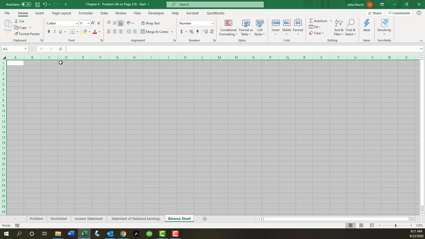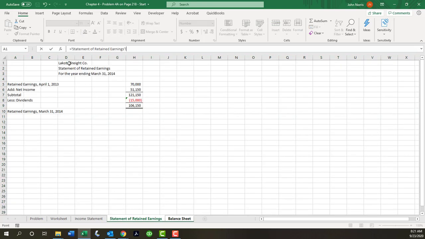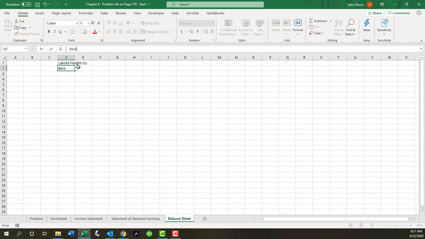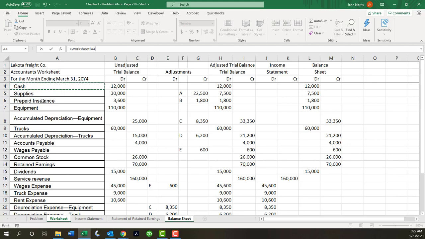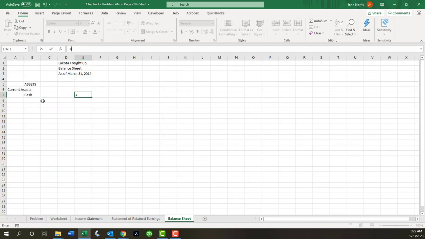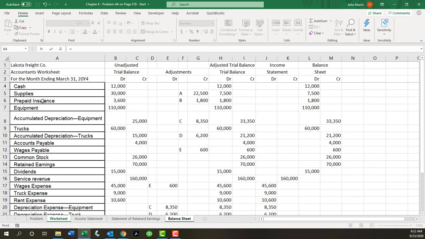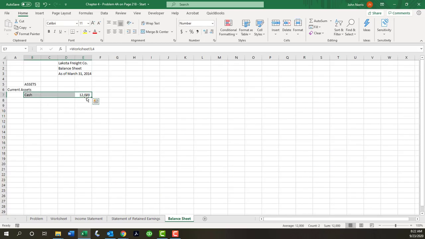And then our balance sheet. As of March 31st, 2014, we have assets, current assets consist of cash, there are 3 of them.